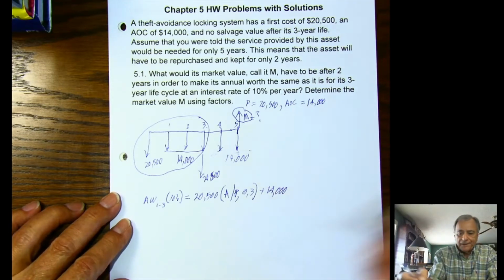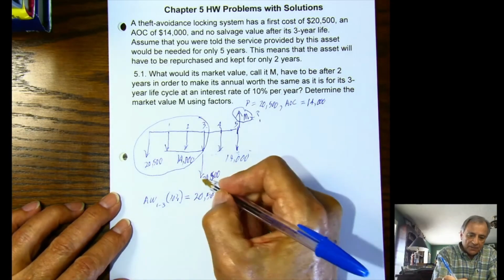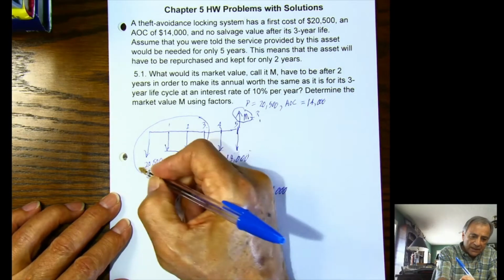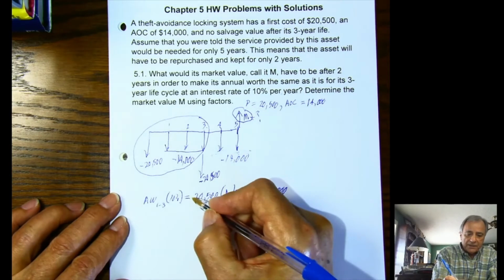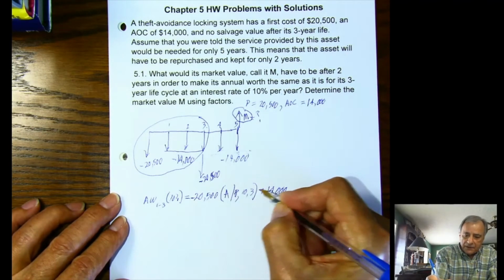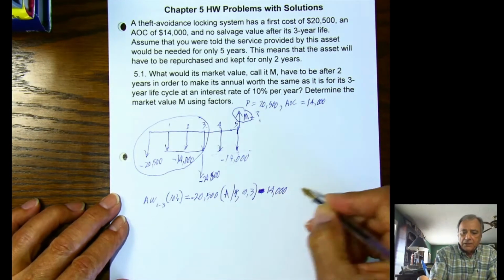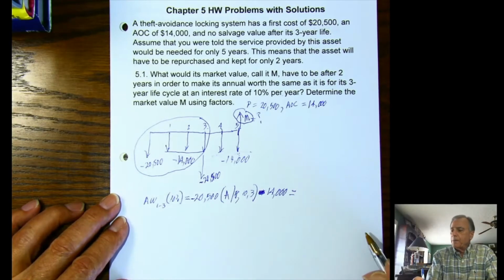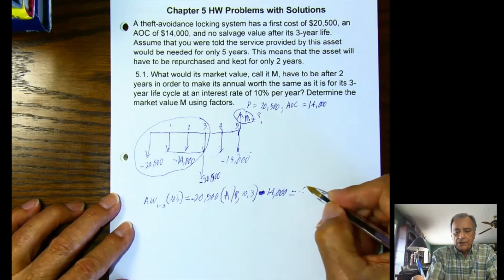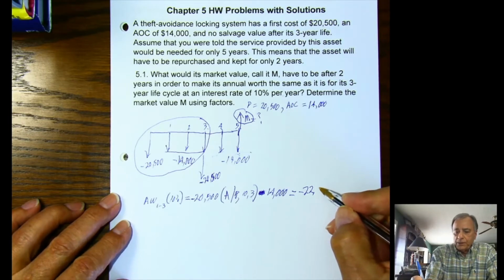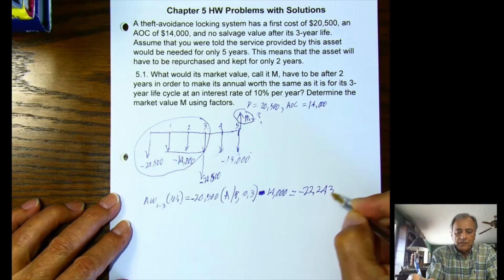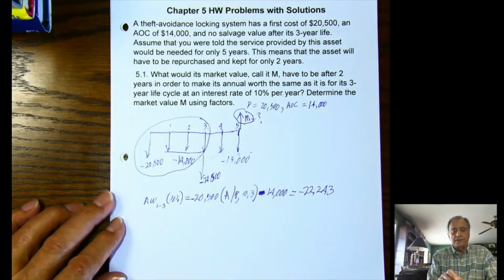I should go ahead and put them in there as negatives. The M is not going to be negative. So that's going to give me minus $22,243 if you do the calculations using the app.